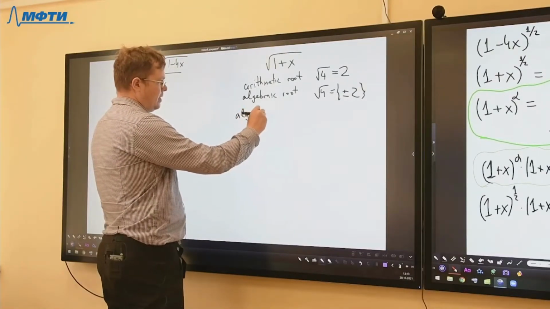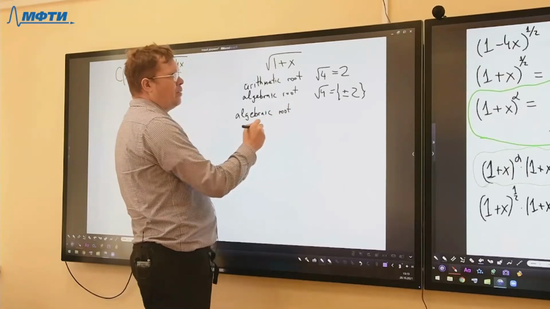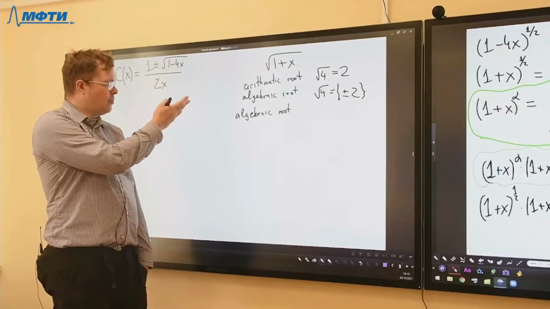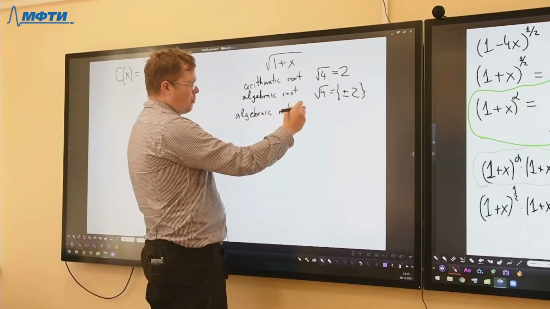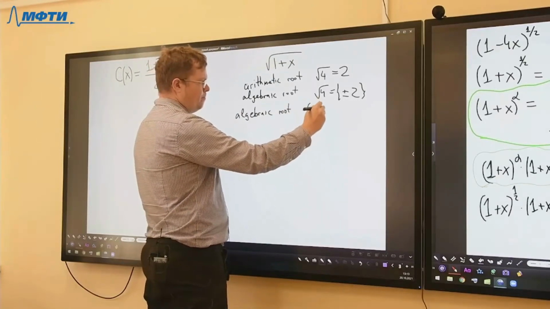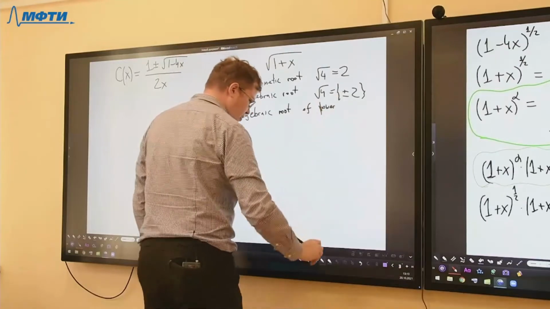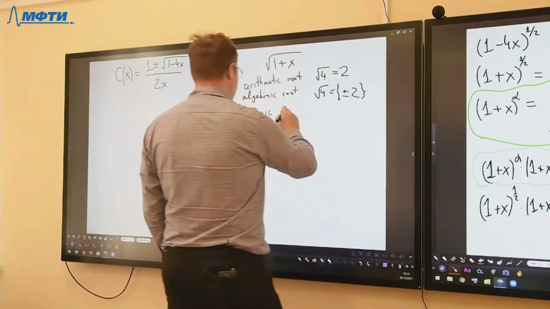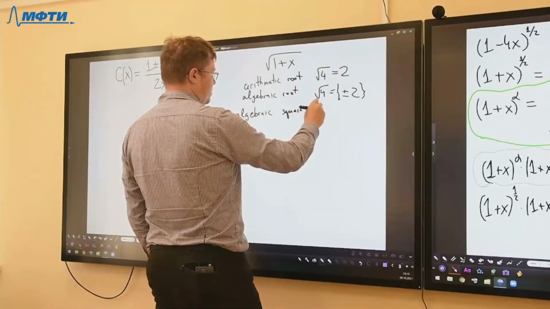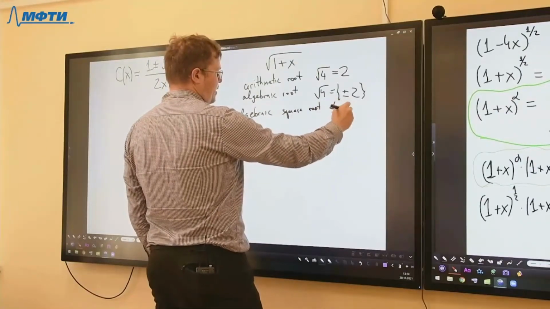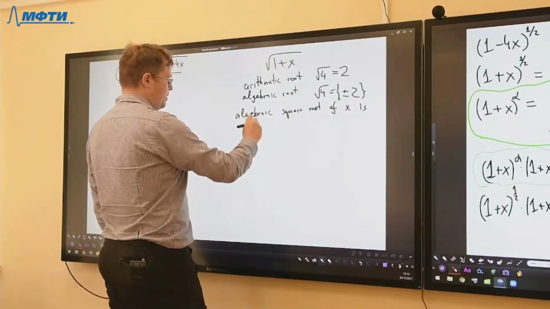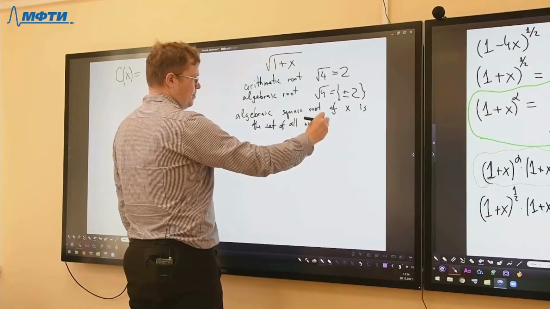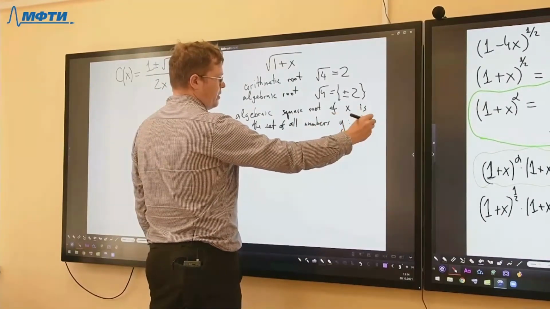I know maybe you have met other terms in books, but usually the algebraic square root of x is the set of all numbers y such that y squared is x.